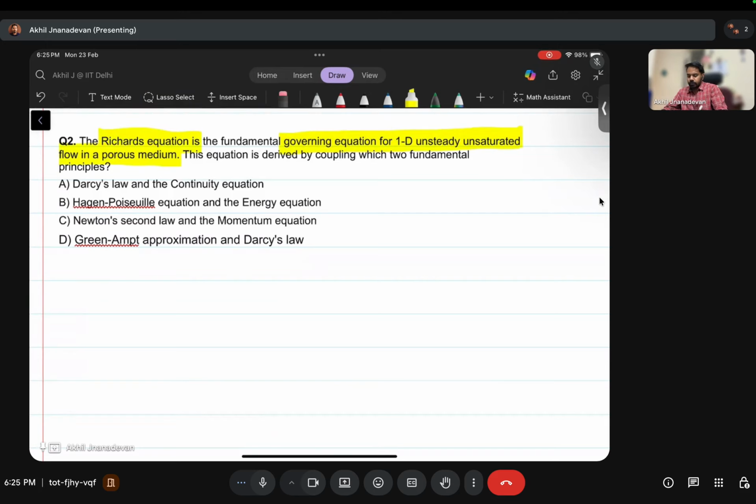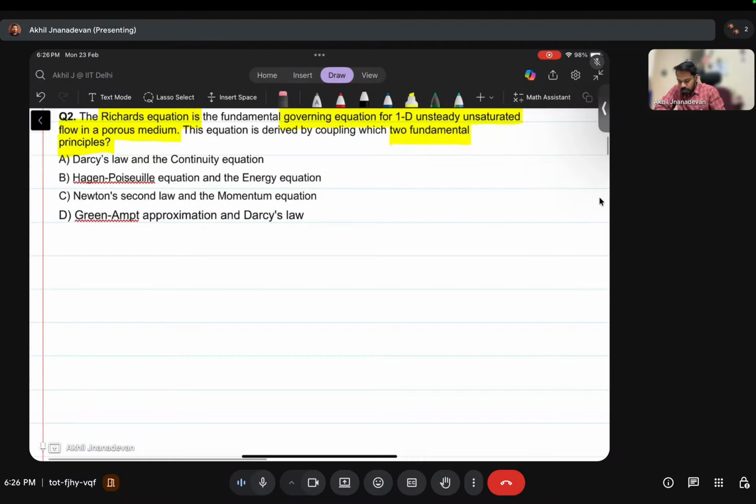Right. So how is it derived by coupling two fundamental principles, or what are the fundamental laws or principal equations that are used to derive the Richards equation? So let's see what the Richards equation is.